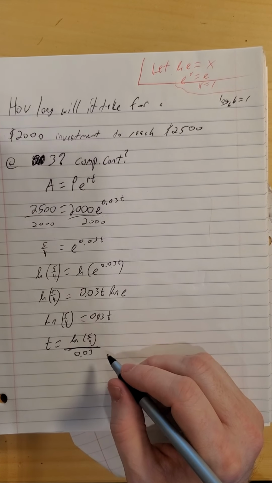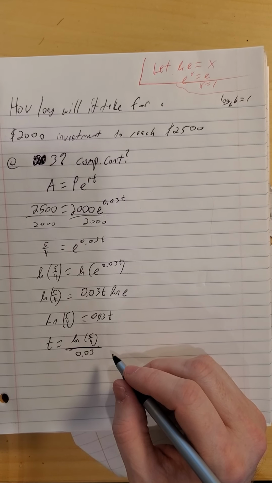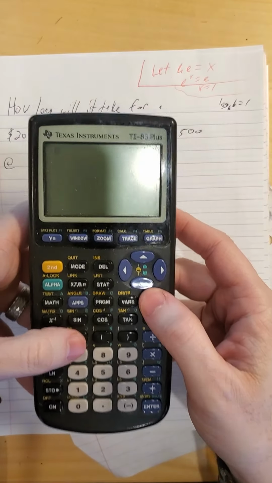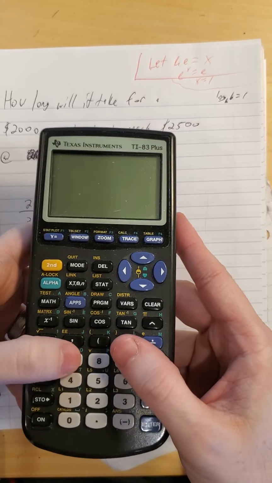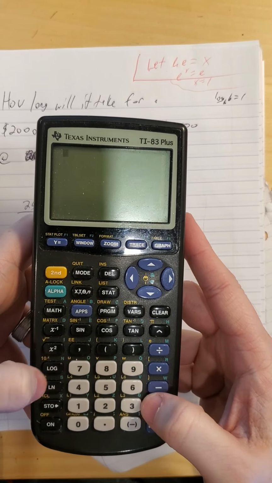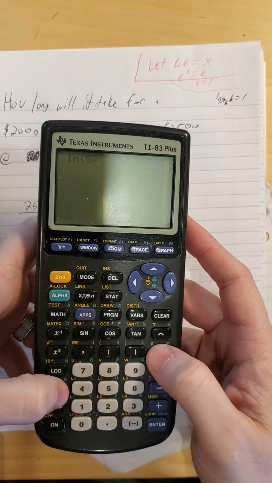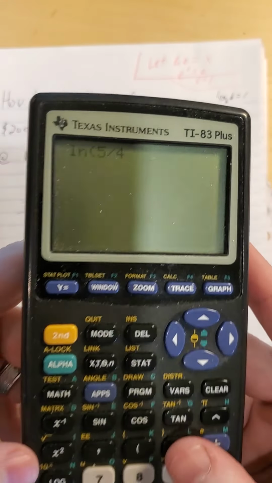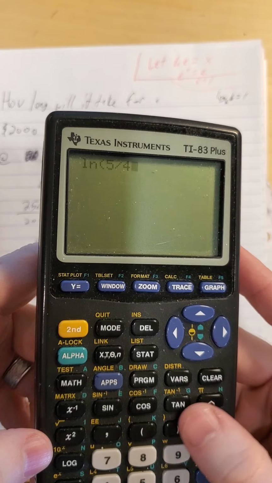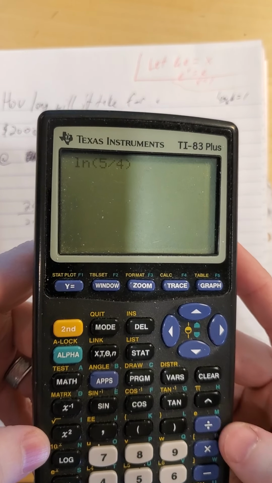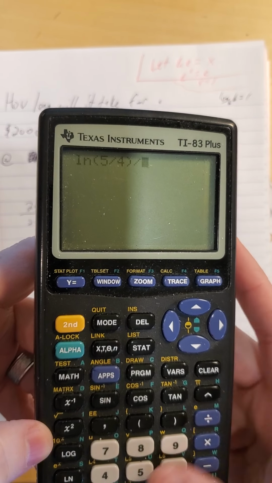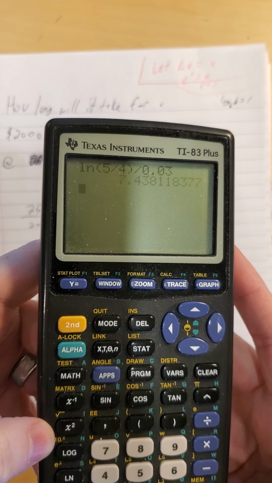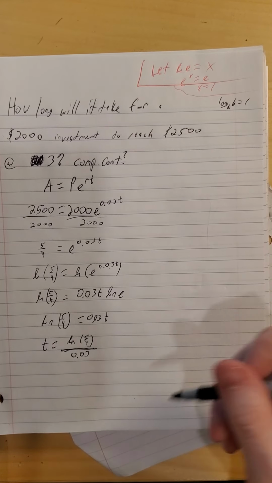And since this is a word problem, we would plug that in and get a quick decimal approximation. So as far as keying it in, natural log of 5 over 4. Notice the calculator opens a parenthesis for me there. Close it up, then divide by 0.03, and then we'll round that.